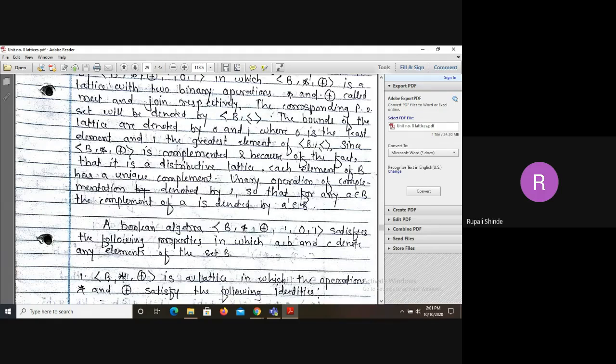Has anybody remembered? First property, absorption. Idempotent. Then associative. Next, distributive. No, distributive. Okay.